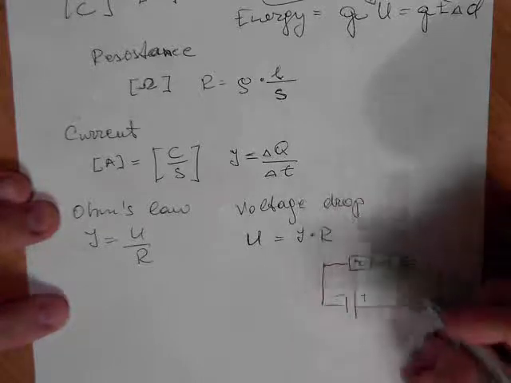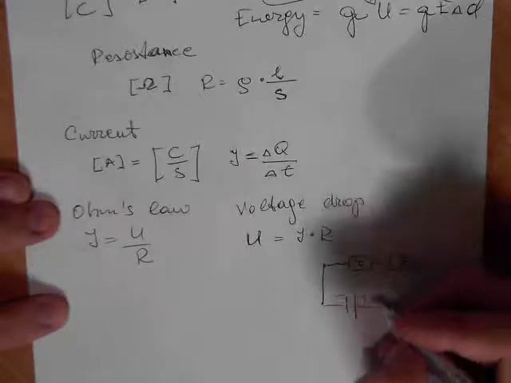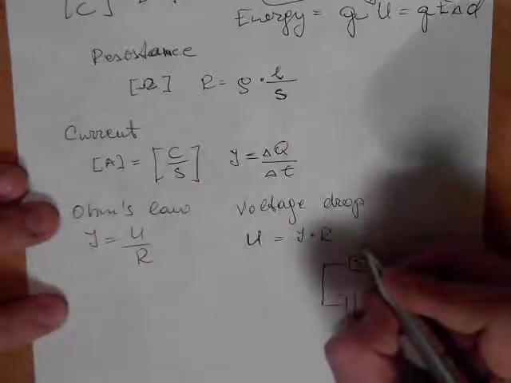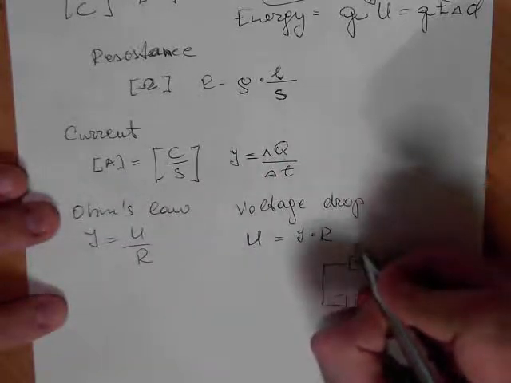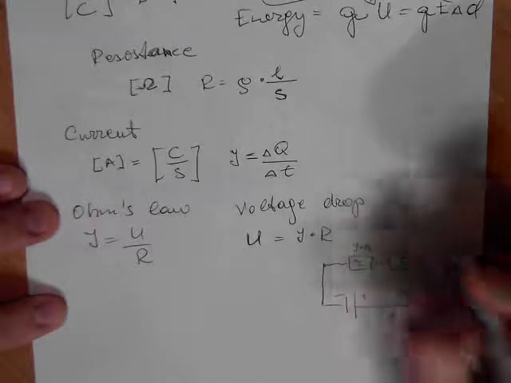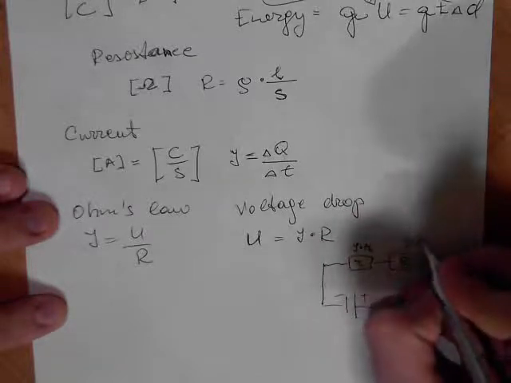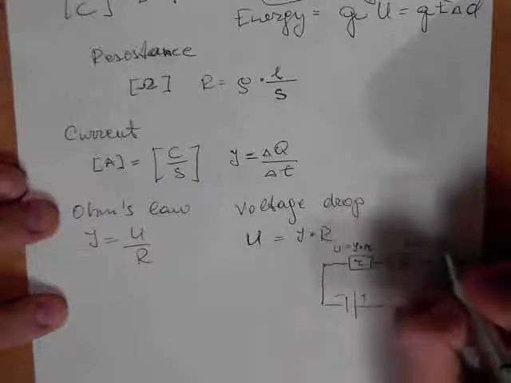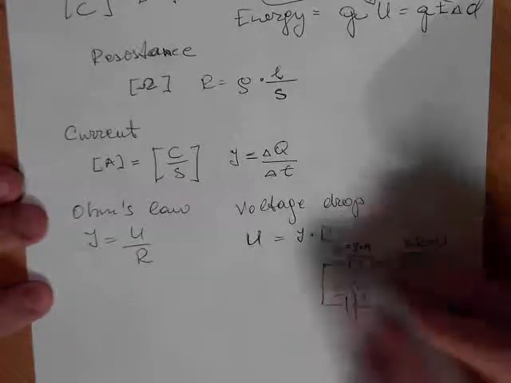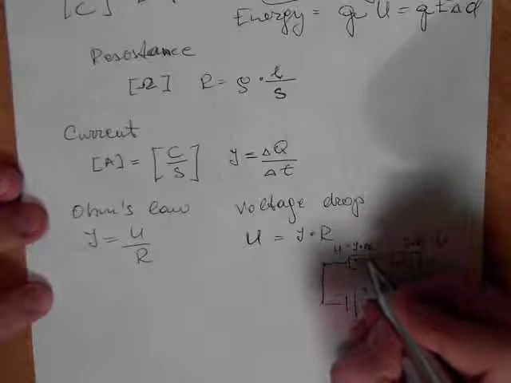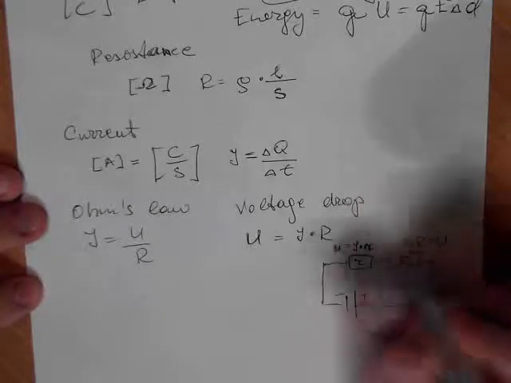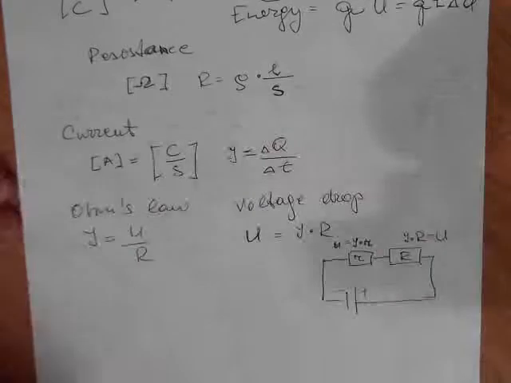As the current is equal in the whole circuit, you have I times small r and I times large R, giving U small and U capital. As the resistance is small, the voltage drop is small, and as the resistance is big, the voltage drop is big.